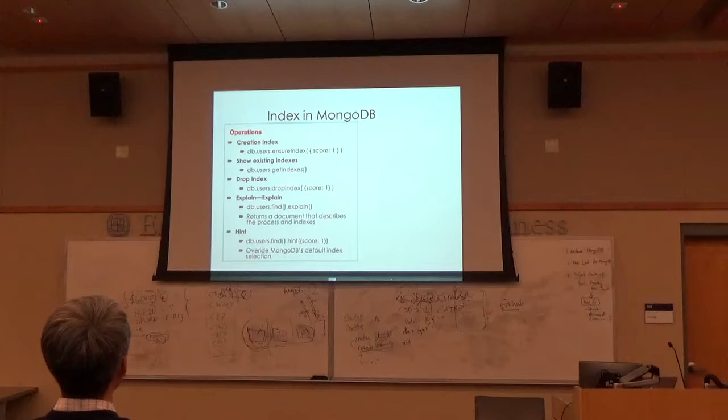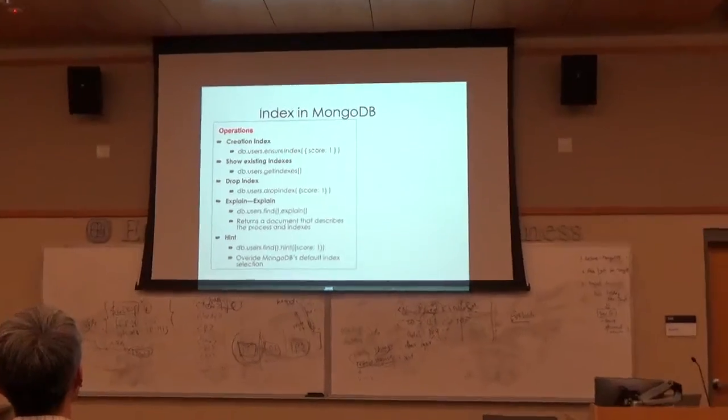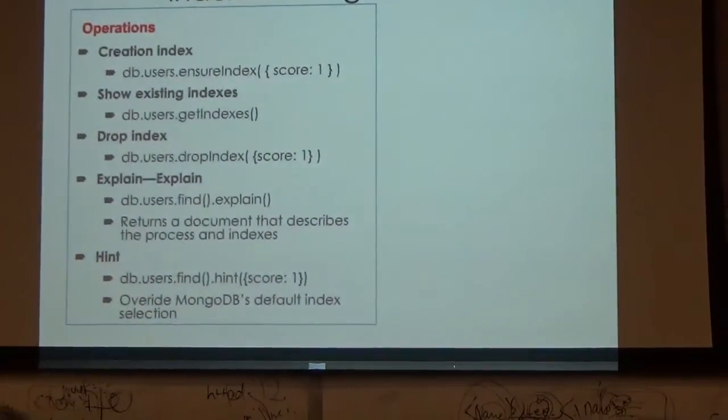There are different types of index. You can create an index with a command, createIndex for the score. 1 means ascending, -1 means descending. Then you can also see the existing indexes using getIndexes, and also dropIndex. And explain, if you remember, I recently introduced explain.